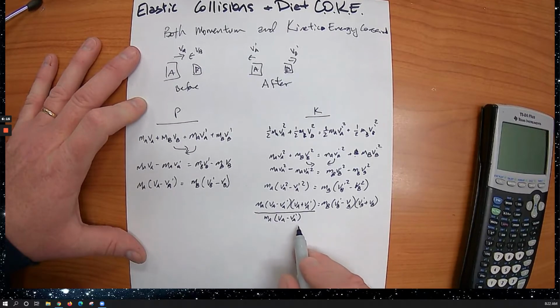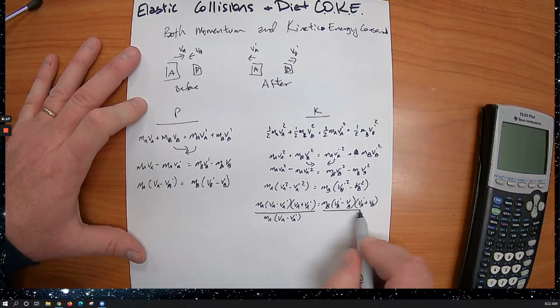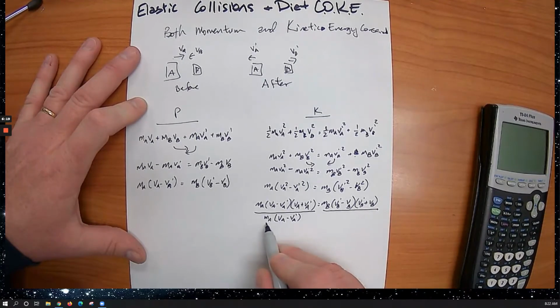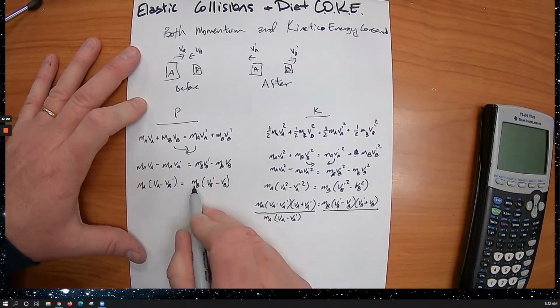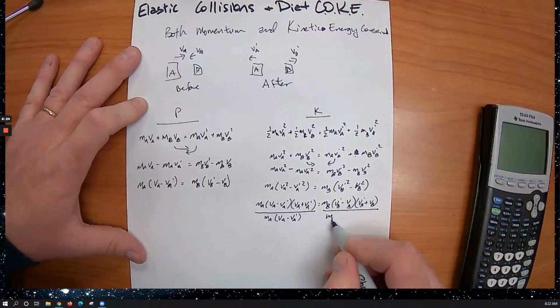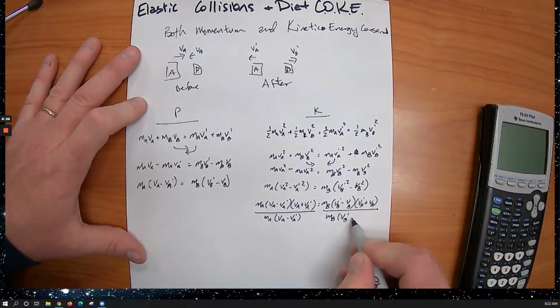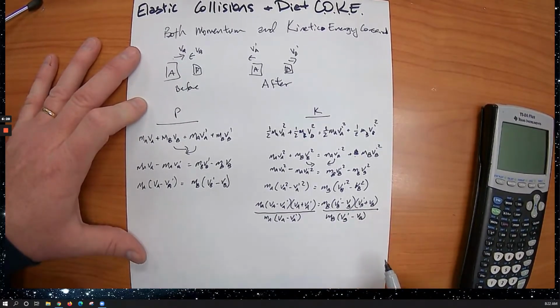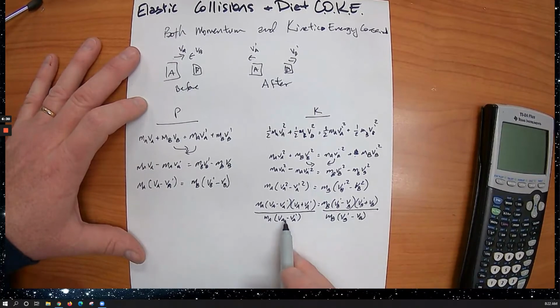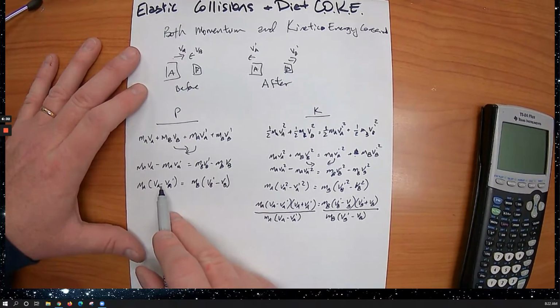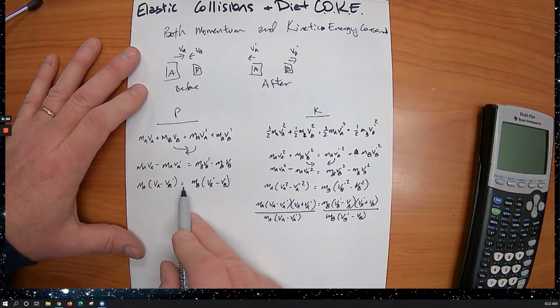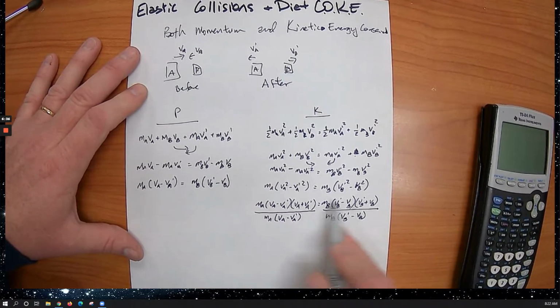Now I'm going to divide the right side by the same number, which is MB quantity VB final minus VB. You might see where I'm going with this now. Because of the conservation of momentum equation, I know that this quantity is equal to this quantity. So I'm taking this equation and dividing both sides by the same number.